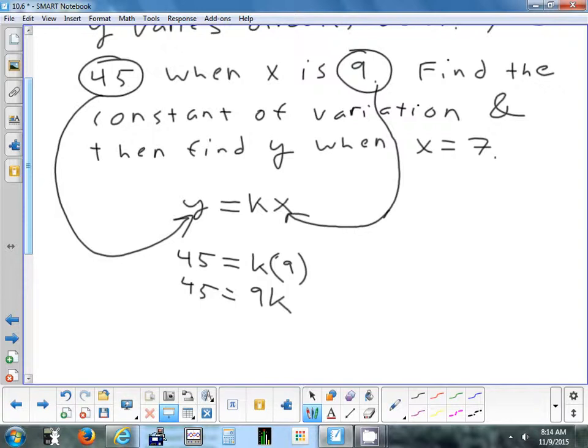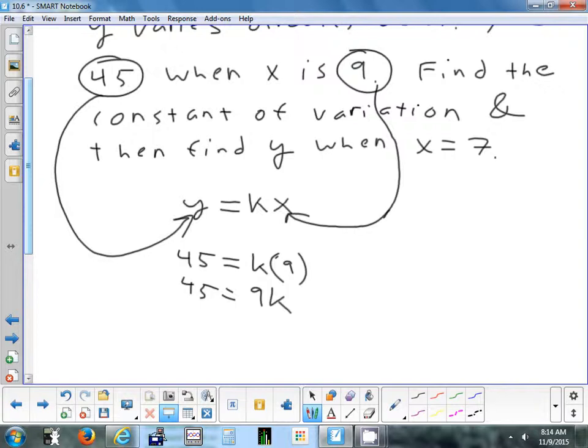So how about Ryan? Can you tell me what I do to get k by itself? You times 9 by a number. Well, look at what we have here. We've already times 9 by what? 5.